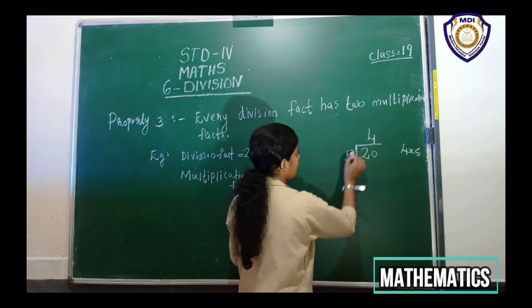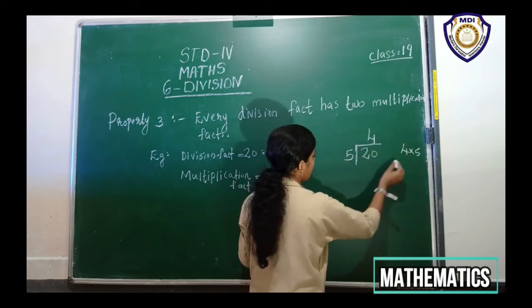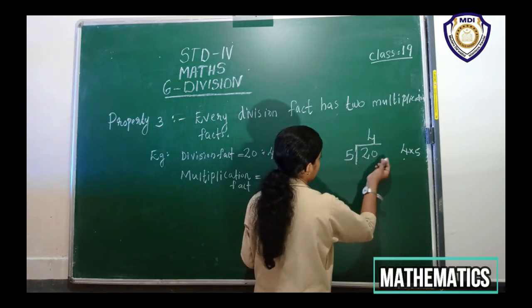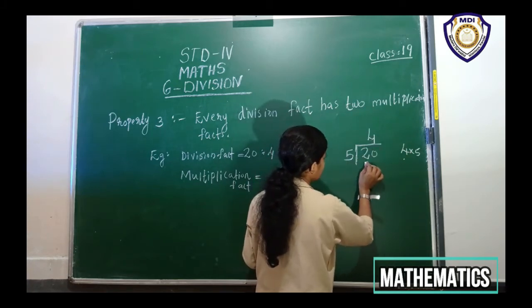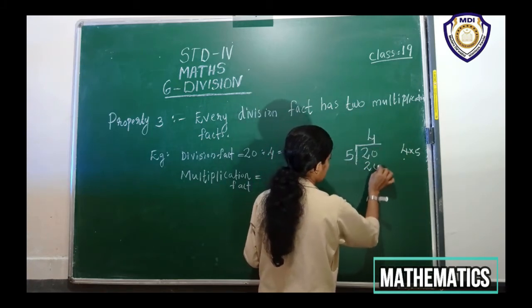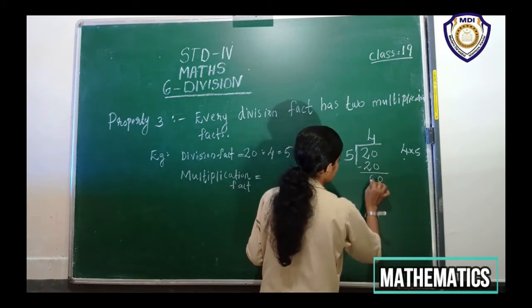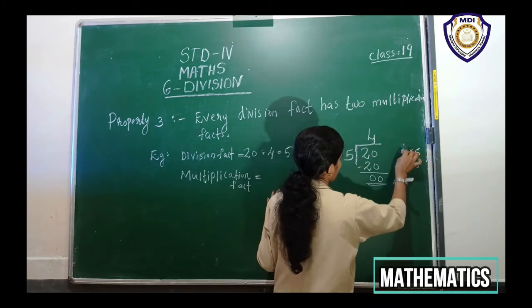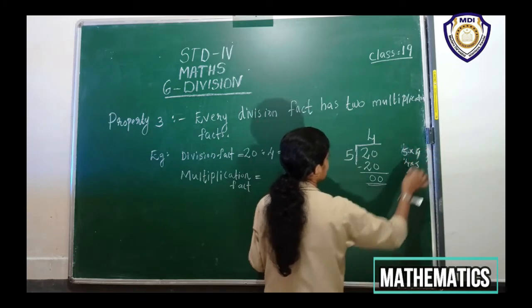Then 4 into 5, answer is 20. Or 5 into 4.